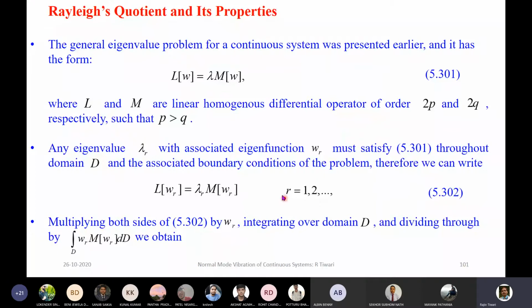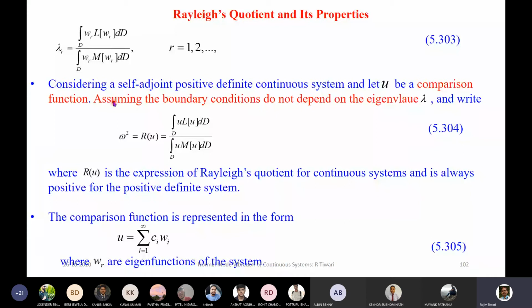Now what we'll do is multiply this particular quantity on both sides by the eigenfunction wr, and then integrate over the domain. And then once we integrate, we will divide both sides by this quantity.